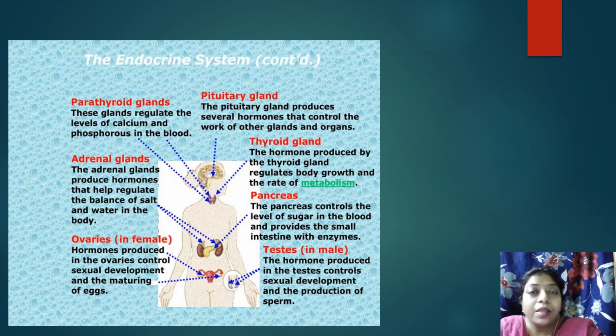So hence the endocrine system is a complex system of glands and organs that mainly helps in regulating many bodily functions and reactions, and all this is achieved by the endocrine glands as they release chemical messengers.